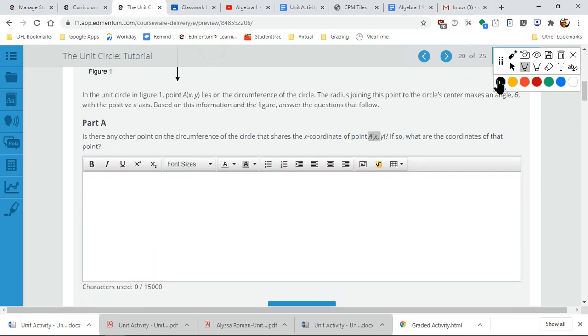So we would say, if so, what are the coordinates? Well, since we don't know what the x and y are, we're going to say, yes, there is. It's just asking you for the x and the y. The coordinates are x, because the x stays the same, and negative y.